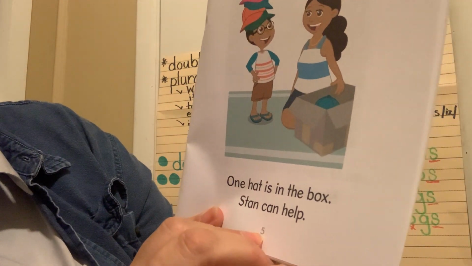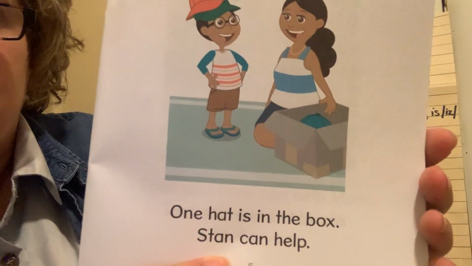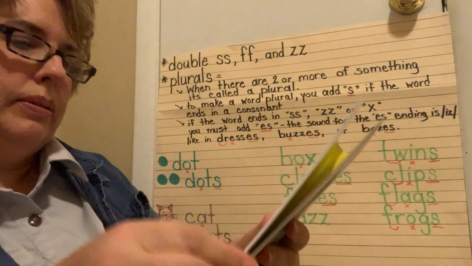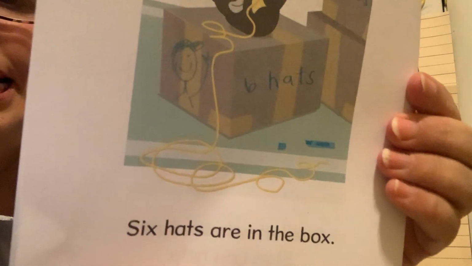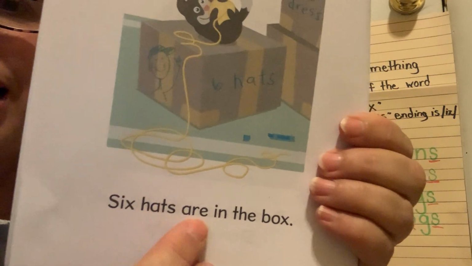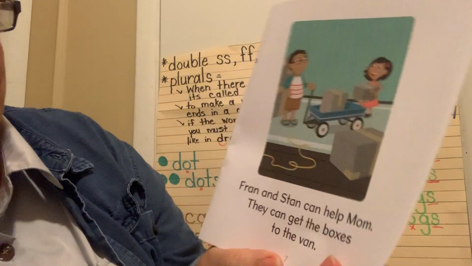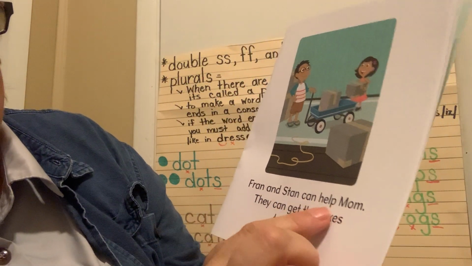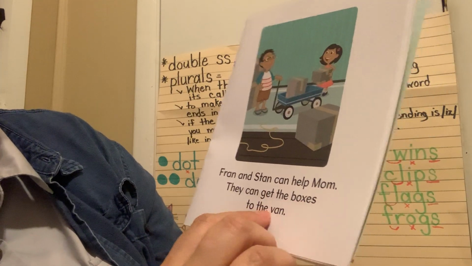One hat is in the box. Stan can help. Six hats are in the box. That word's plural, right? Hats. Fran and Stan can help Mom. They can get the boxes to the van.